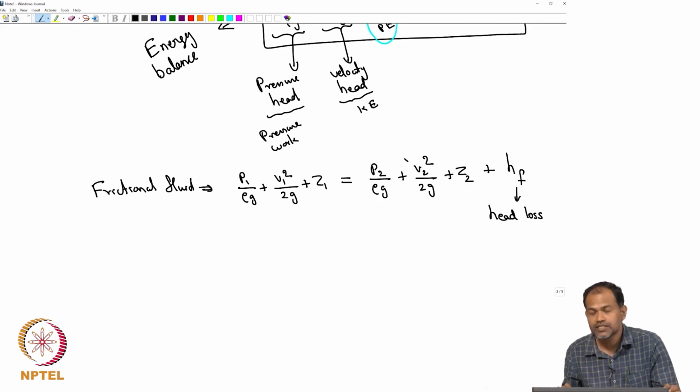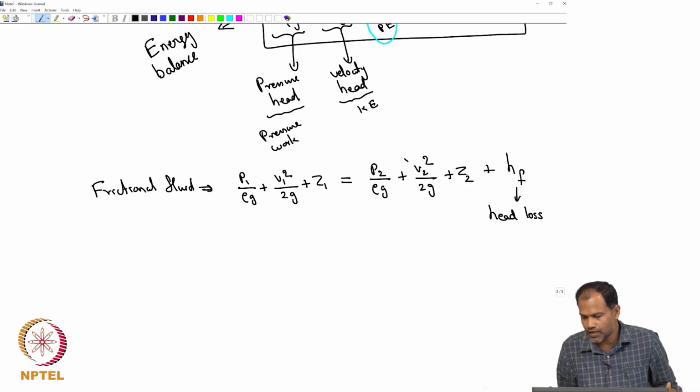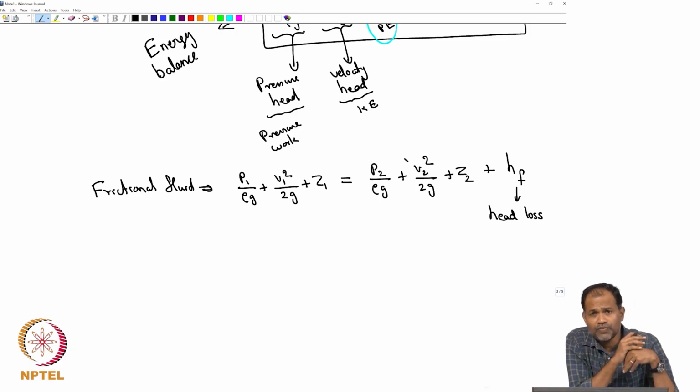So, that is energy that is lost in the system. That loss would essentially be a positive quantity, because there will always be friction invariably.